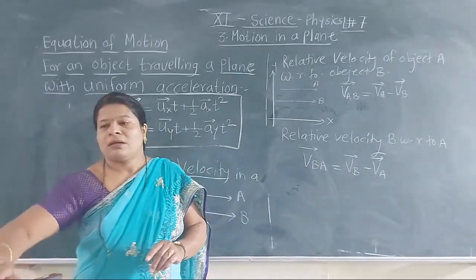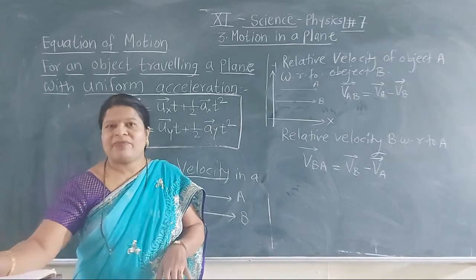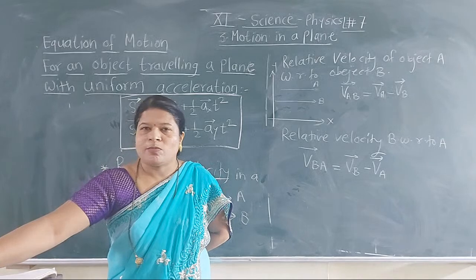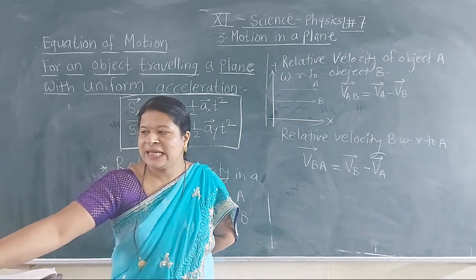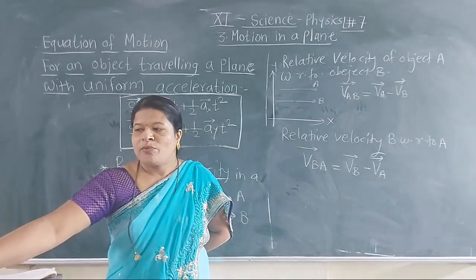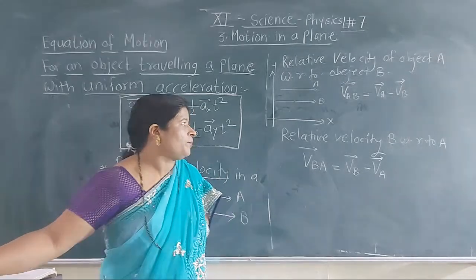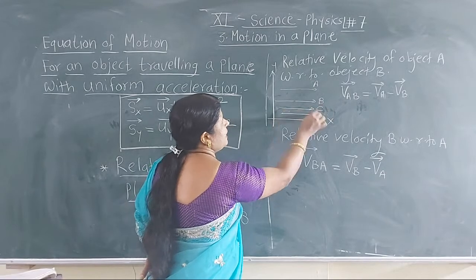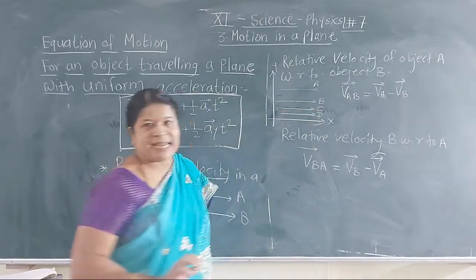For example, consider objects from A, B, C, D up to Z moving with respect to each other.